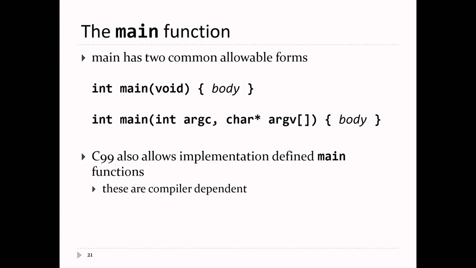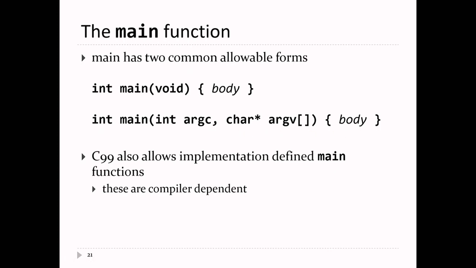This funny thing here, char star argv, what looks like an array, that's C's way of telling you you have an array of strings. In other words, when you pass in the command line arguments, your C program gets them as an array of strings. We'll learn how to decipher that later on in the course.